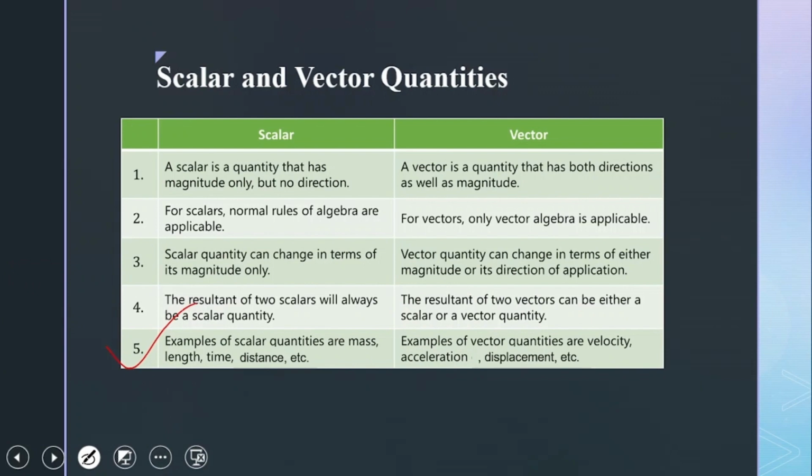Examples of scalar quantities are mass, length, time, distance, and so on. And examples of vector quantities are velocity, acceleration, displacement, and so on. There are lots of scalar and vector quantities in the universe. If you want, you can search for them in different sources.